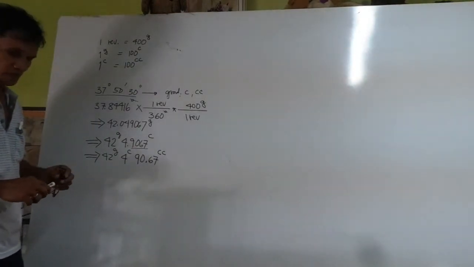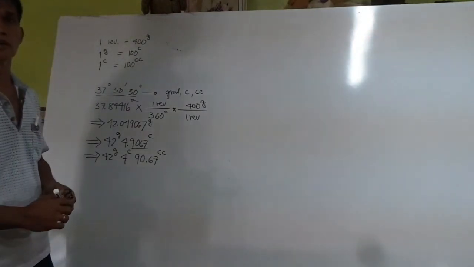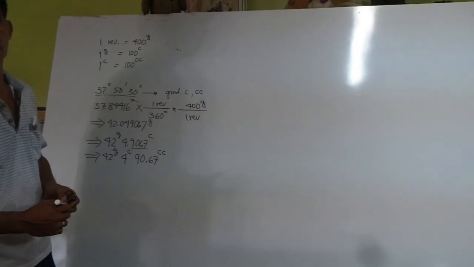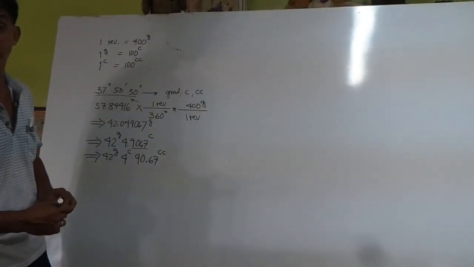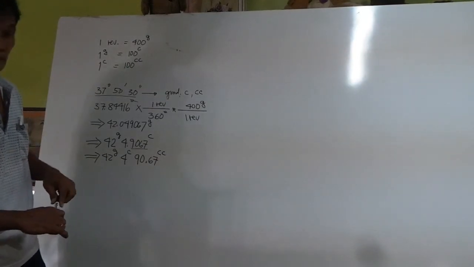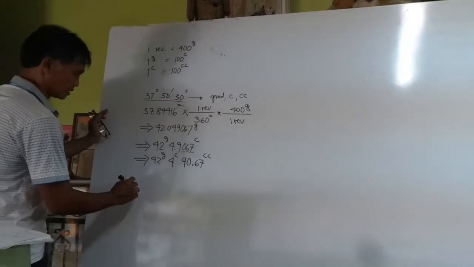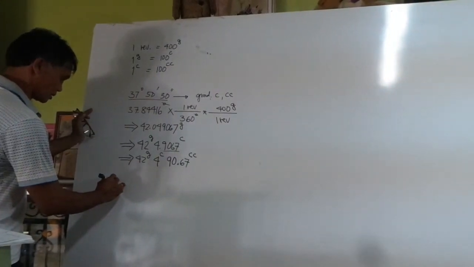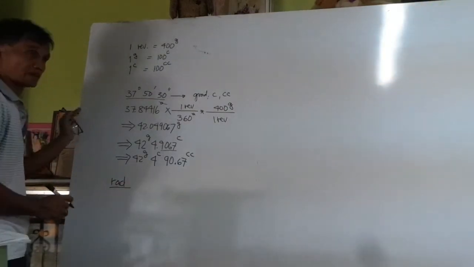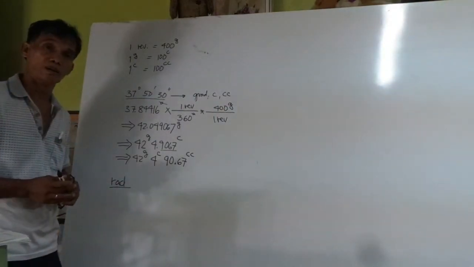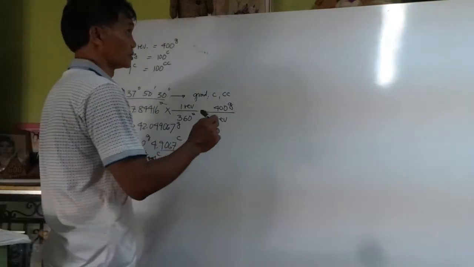Another angular unit that we are using is the radian. Rad, or radian, is another unit of angle. Do you know what a radian really is?